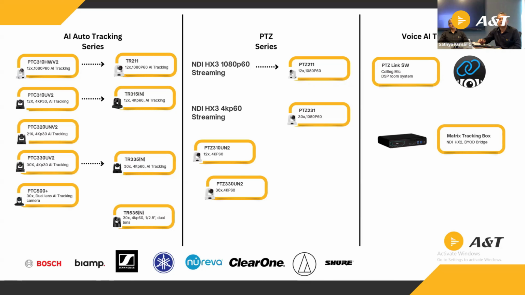Even when there is a display or active LED behind the presenter, we use the dual lens AI tracking camera. The dual lens has the capability of masking a few areas, like human faces inside the display, which the single lens sometimes tends to capture. So we use dual lens specifically in those scenarios. In auto tracking, we have this 7/8 model.